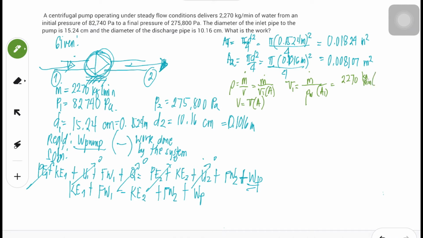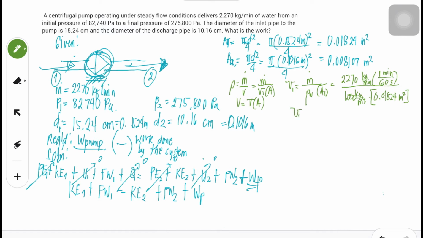Convert it into seconds, over 60 seconds, divided by the density of the water, 1000 kilogram per cubic meter, times the area at point 1, 0.1824 meters squared.